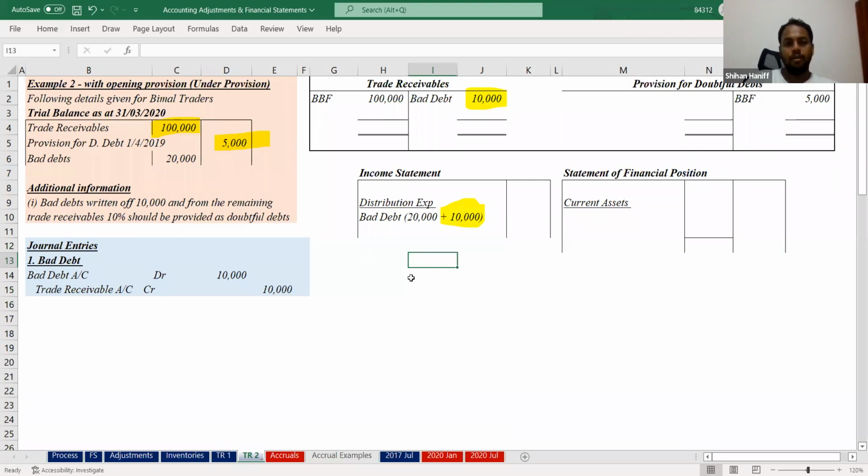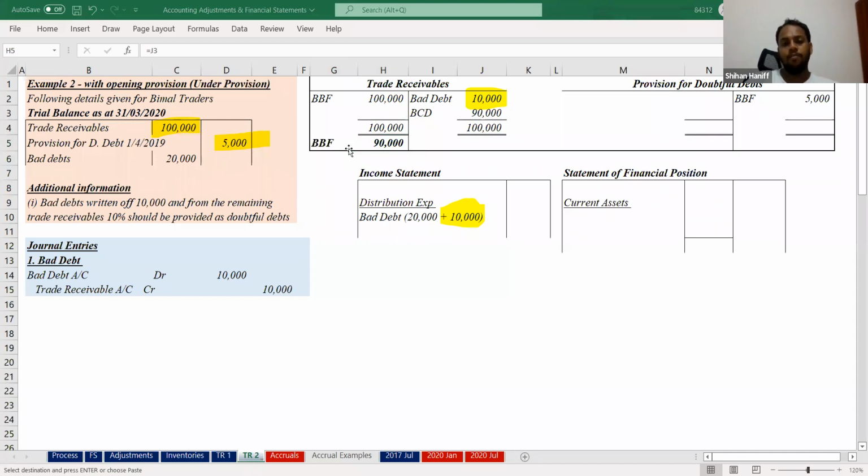Then we need to calculate the provision for doubtful debt. So as earlier, calculate the closing balance, 100,000. Remaining debtor balance is 90,000.